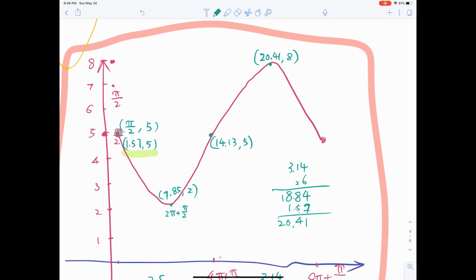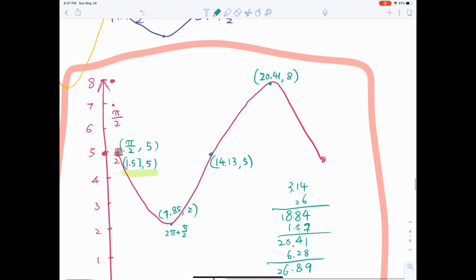And this one will be 8 pi plus 1.57, which is 26.69, and the y value will be 5.